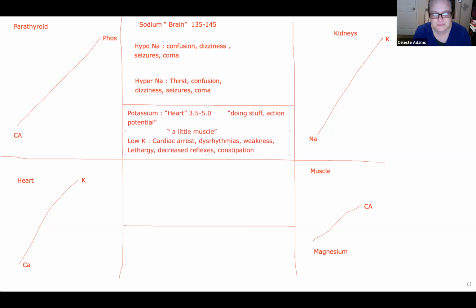So everything is slowed down when you have low potassium, but you'll still have the cardiac symptoms as well. You'll have the cardiac arrest, the dysrhythmias. But this is, like I said, in case you don't see the cardiac part in the problem. Always think muscle is your next go-to.